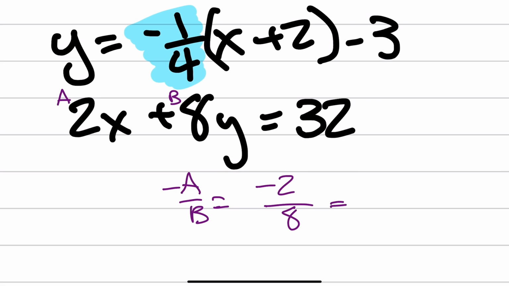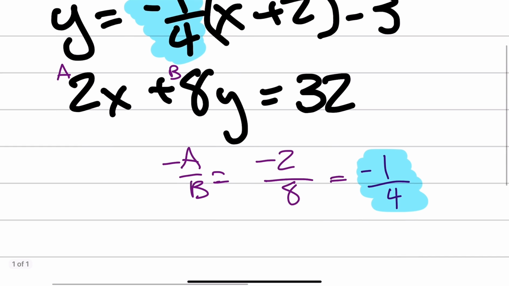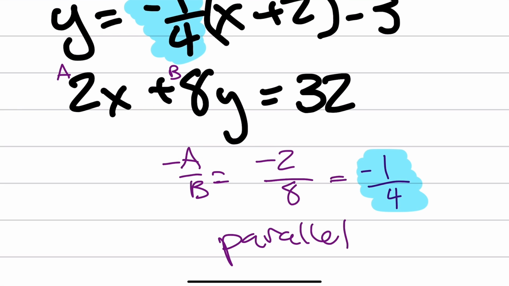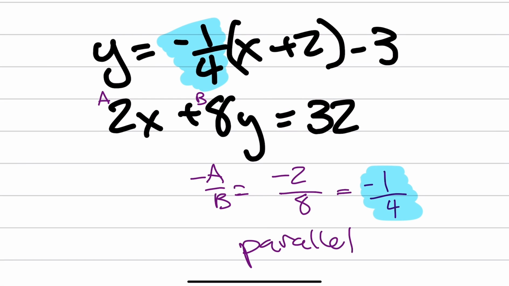I know that this can be divided by 2, so we got negative 1 on top, and we got a 4 on the bottom. Well, that's our slope for our second question. So these are the same slope, which means these two are going to be parallel. Awesome. All right, that one took a little bit more work.